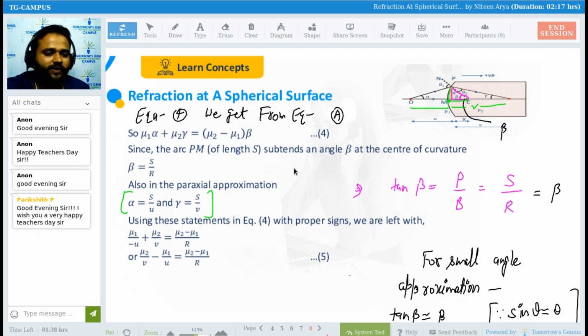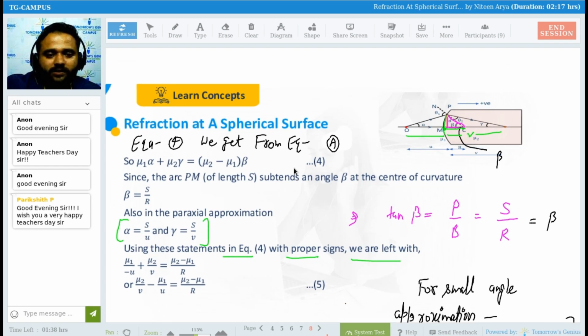Is this clear or not? First of all, tell me this. So we are putting the values of alpha, gamma and beta in equation 4, using these terms with the proper sign. Why are we using equation 4 with a proper sign?